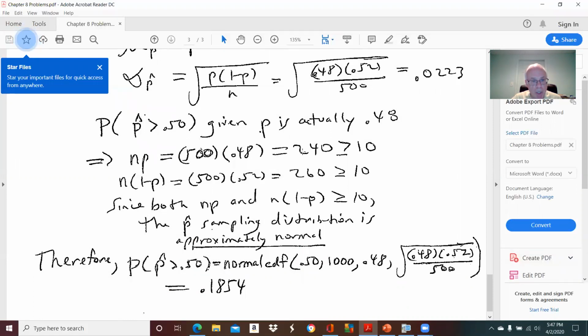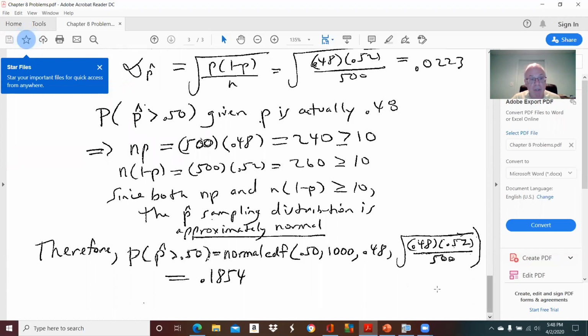We get 240. And then n times 1 minus p is 500 times 0.52, which is 260. Both of them are greater than 10, so we could say that the sampling distribution of p hat is approximately normal. So that means we can use normal CDF to answer the probability question.